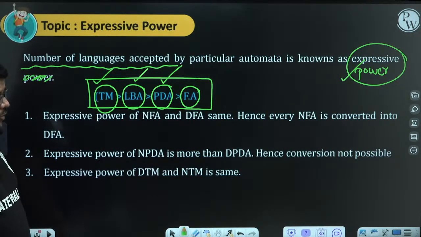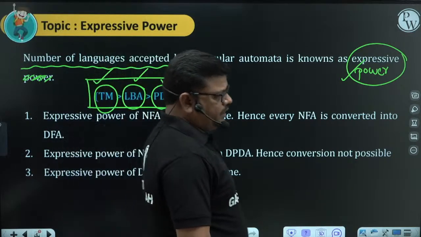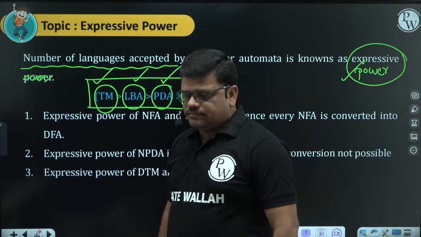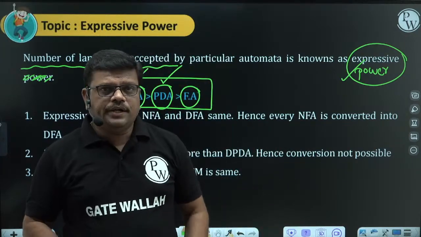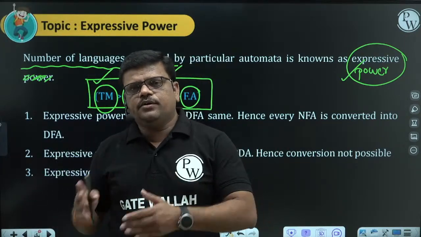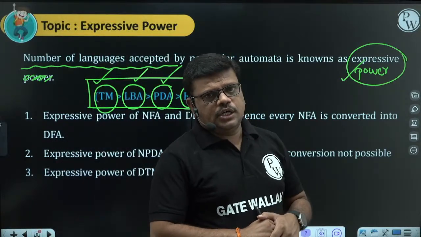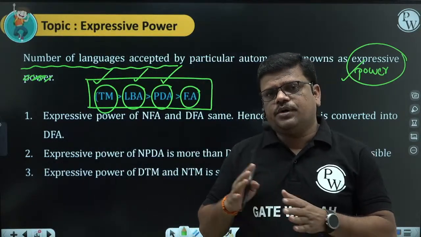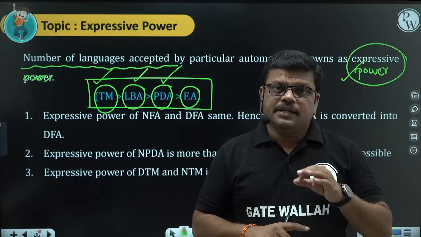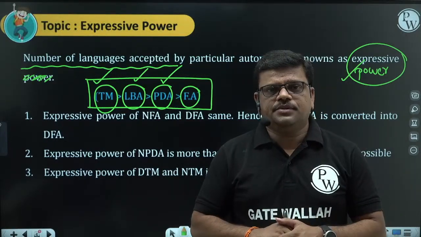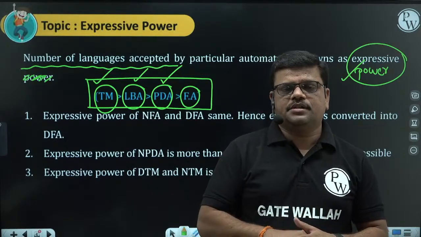If the expressive powers are the same, we have an advantage: non-deterministic machines can be converted into deterministic machines. If the expressive powers are not the same, that is not possible; non-deterministic machines cannot be converted into deterministic machines.